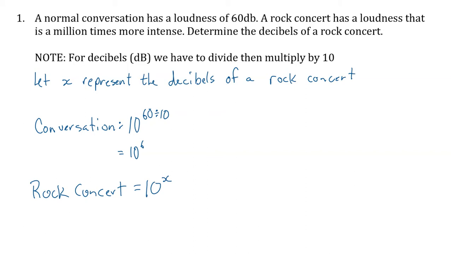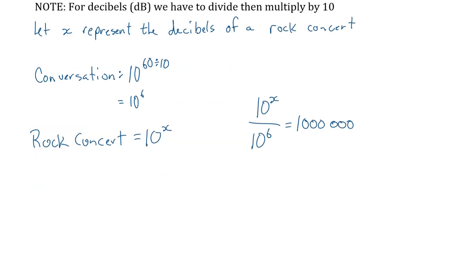The bigger one is the rock concert, so it's 10 to the x over 10 to the 6 equals 1,000,000. So this is 10 to the x minus 6 equals, turns out, 1,000,000, which we can write in base 10.